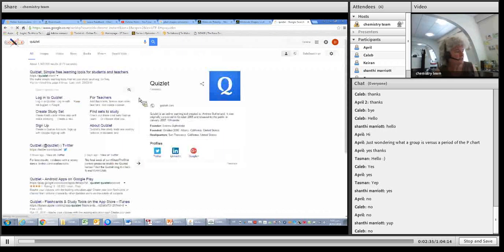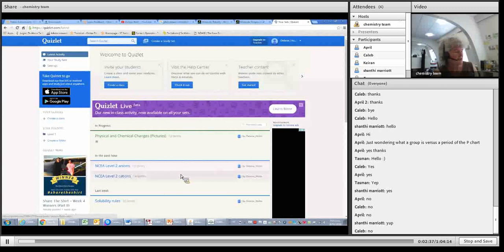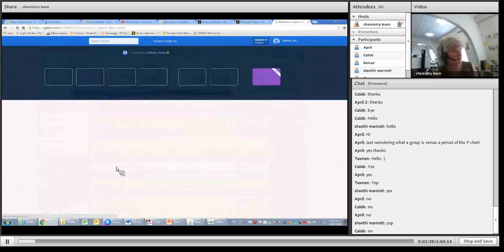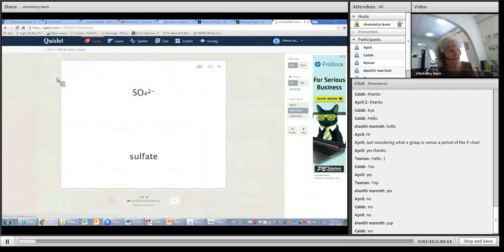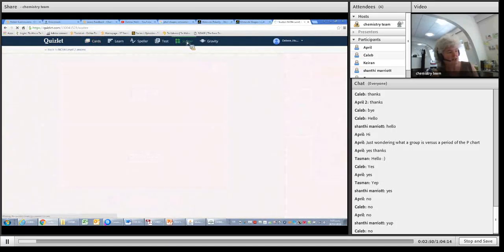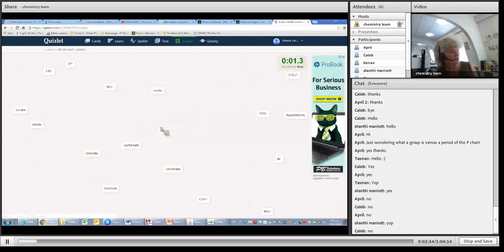But for instance, if you wanted to learn anions and cations, here's the level 2 ones with flashcards. You can learn it like this, or you can play games where you make everything disappear, start your game. So an oxide you have to match with O2-.